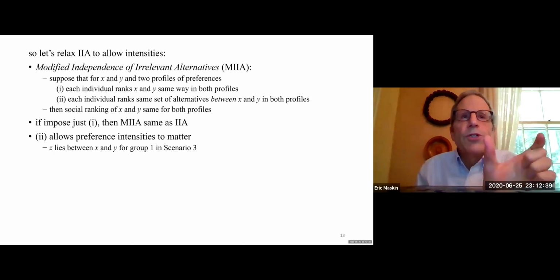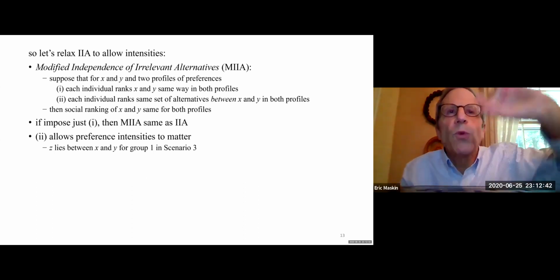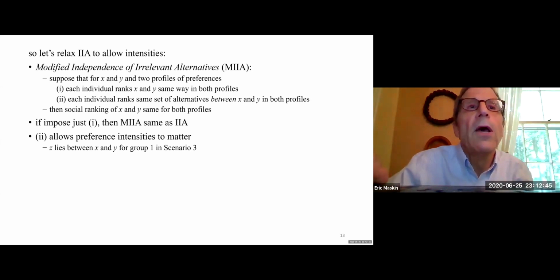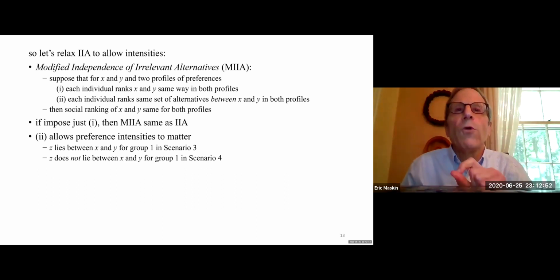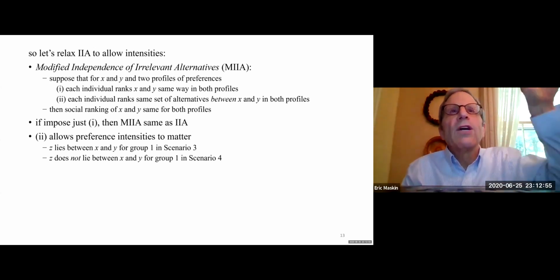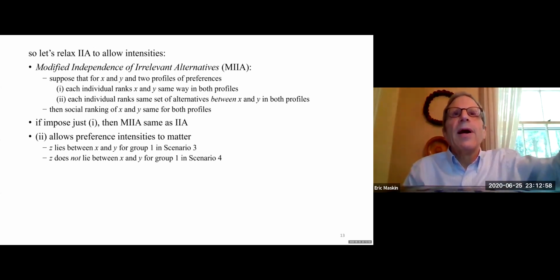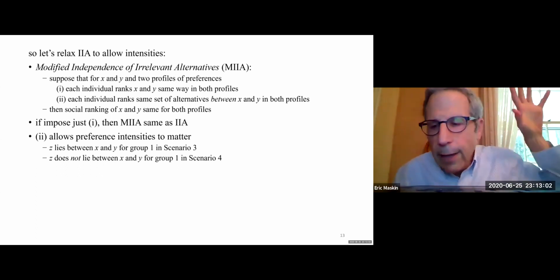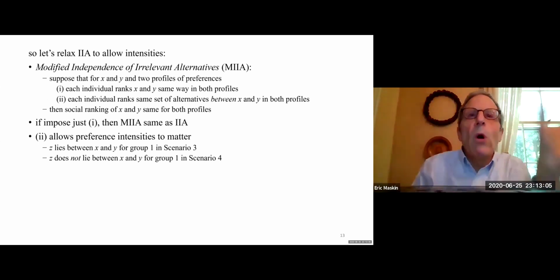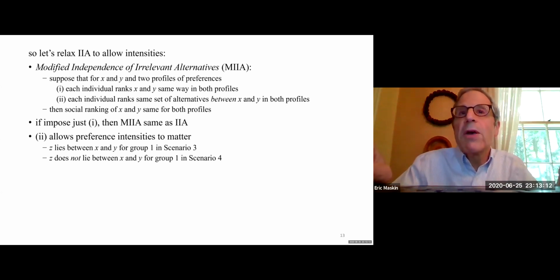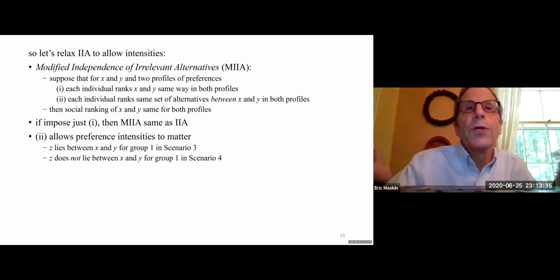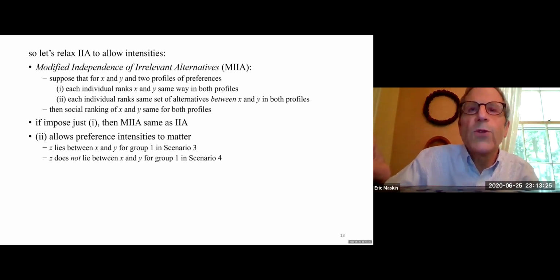Because we're distinguishing between the case where Z lies between X and Y, as in scenario 1, from the case where Z does not lie between X and Y in scenario 4, where the conclusion of modified IIA obtains only when in both scenarios Z has the same position vis-a-vis X and Y. And since in scenario 3 and scenario 4, Z has different locations vis-a-vis X and Y, modified IIA does not require the social ranking of X and Y to be the same.